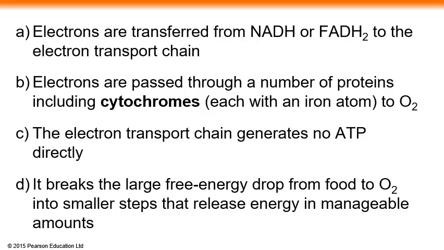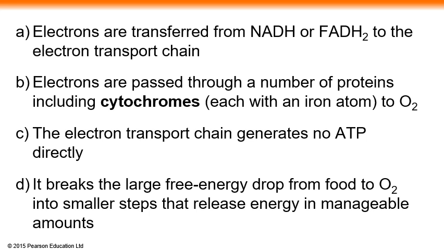Electrons are transferred from NADH or FADH2 to the electron transport chain. Electrons are passed through a number of proteins, including cytochromes, each containing an iron atom, finally to O2.